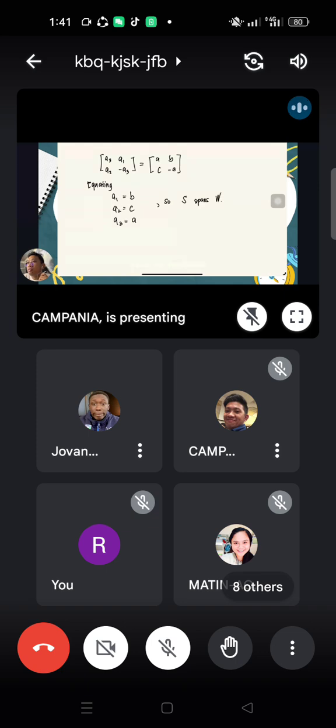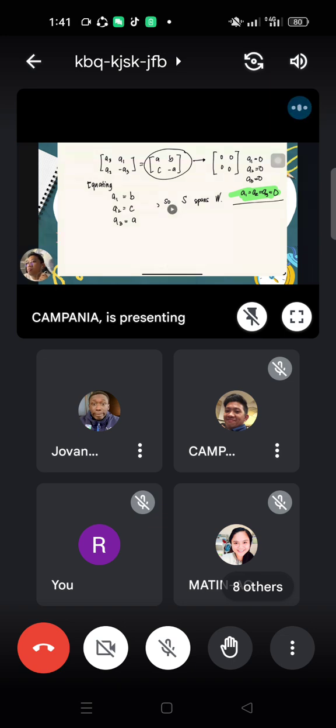So S now spans W. So we have already one of the conditions of the basis, which is to span. Now substituting the vector to a zero vector, we have A, B, C, negative A equal to 0, 0, 0, 0. Then A1 is equal to 0, A2 is equal to 0, A3 is equal to 0.